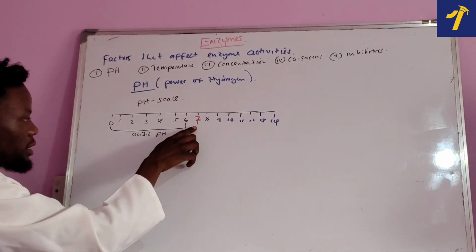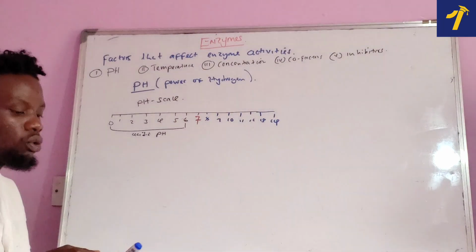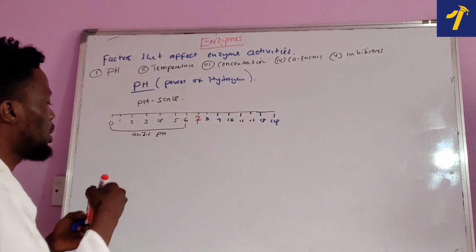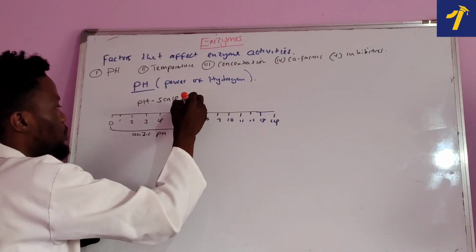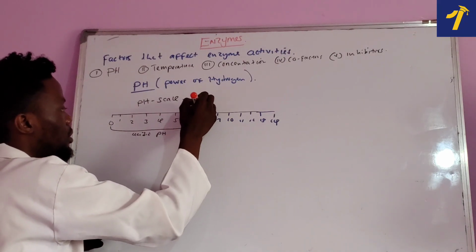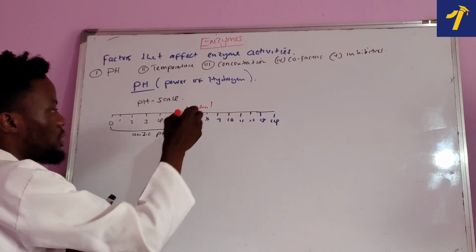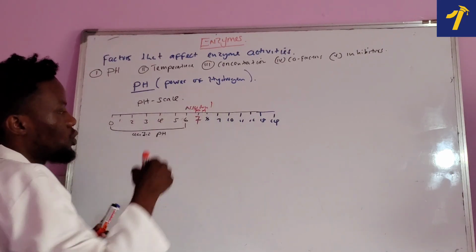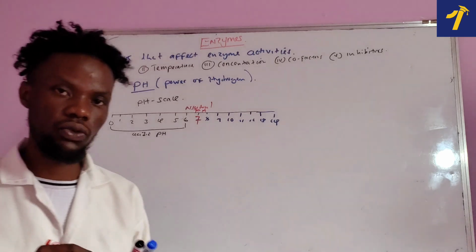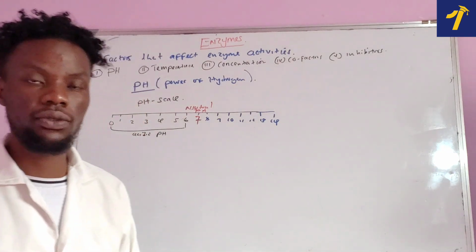Now, what about this 7? This 7 is what we call the neutral pH. I'm going to use red for this one because it's a special pH. Something that is neutral is not that dangerous to our body.